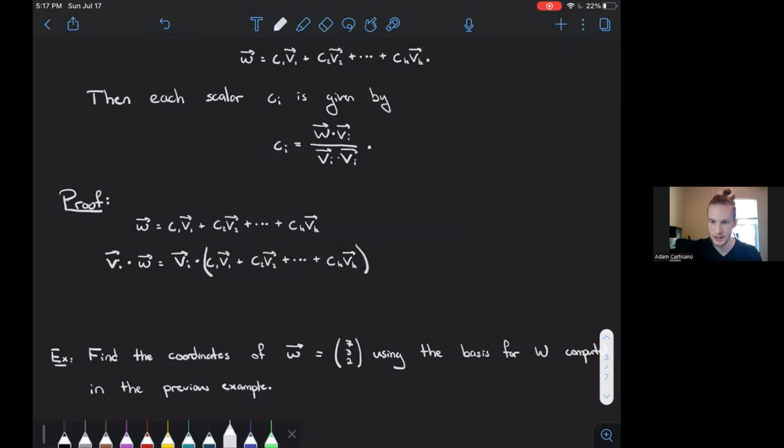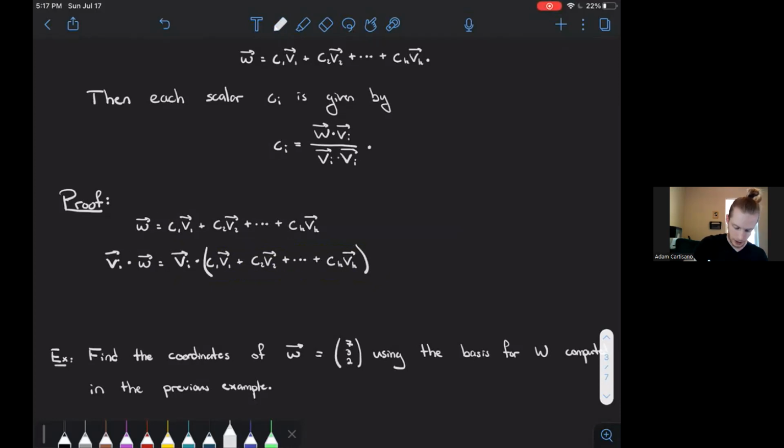But just like in the previous theorem, when you take vi dot some linear combination of orthogonal vectors, since they're orthogonal, the dot product is just going to return 0 for every term, except for when you do vi dot with itself.